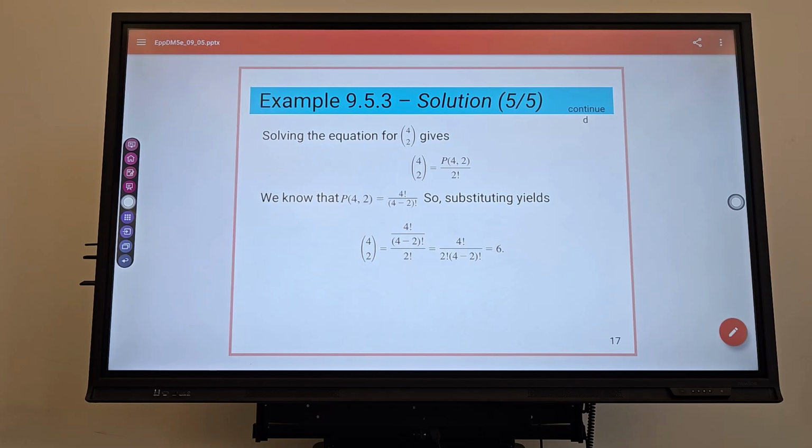Solving the equation for 4 choose 2 gives you P of 4 and 2 over 2 factorial. But we know that P of 4 and 2 equals 4 factorial over 4 minus 2 factorial. So substituting yields 4 factorial over 2 factorial times 4 minus 2 factorial, or 6, which is equal to 4 choose 2.